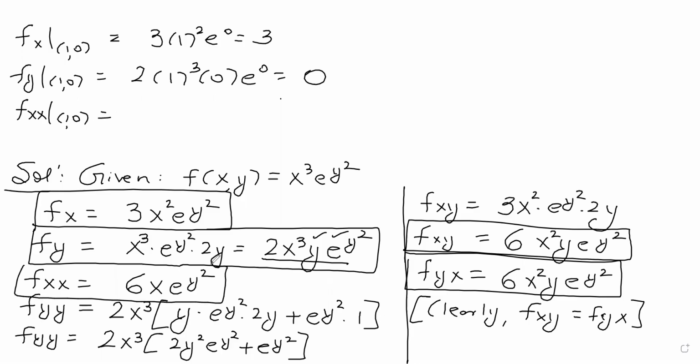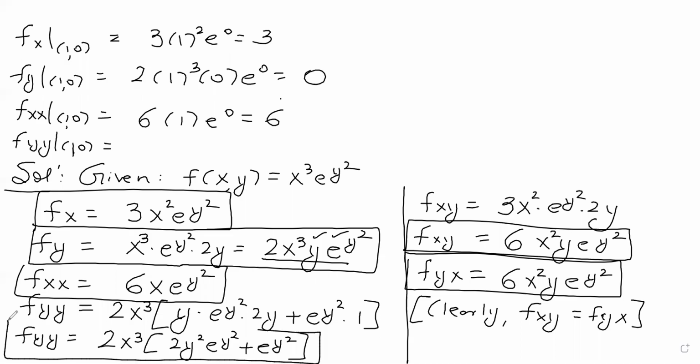Put 1, 0 here, so we get 6 into 1 into e to the power 0, which is 6. Fyy at 1, 0 will be, put 1, 0 in this, so we get 2 times 1 cube into 2 into 0 square e to the power 0 plus e to the power 0.